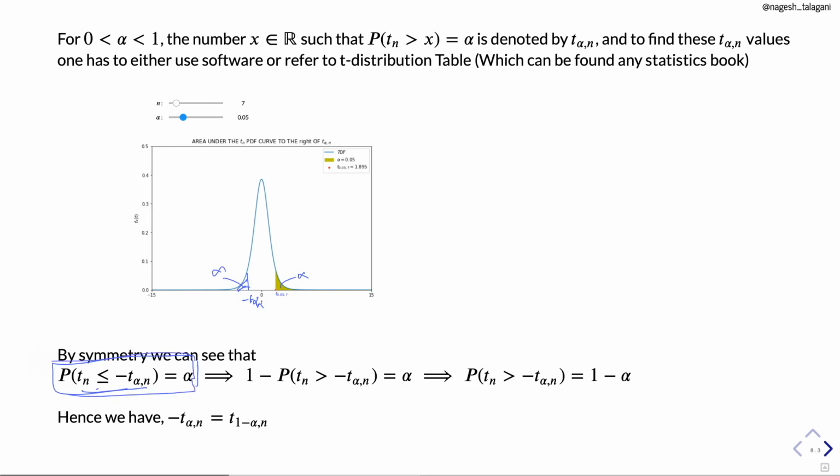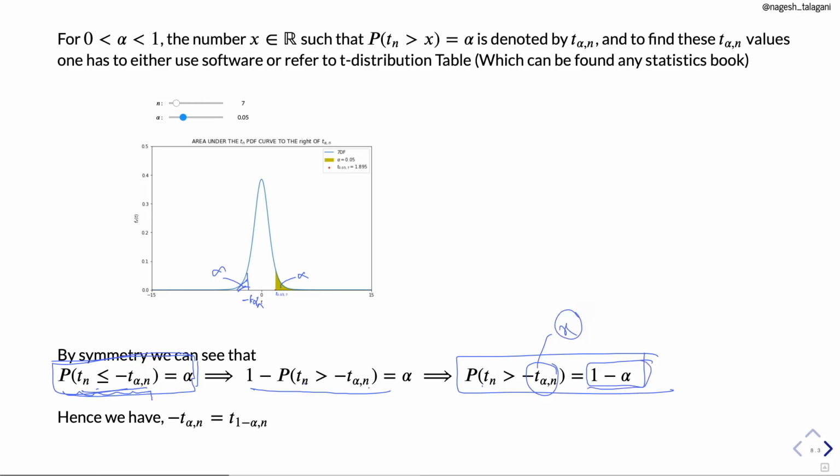Now the probability of Tn less than or equal to minus t alpha n, I can write as 1 minus the probability of Tn greater than minus t alpha n. So the probability of Tn greater than minus t alpha n equals 1 minus alpha. So this is a number, let's say x, such that the probability of Tn greater than x equals 1 minus alpha.